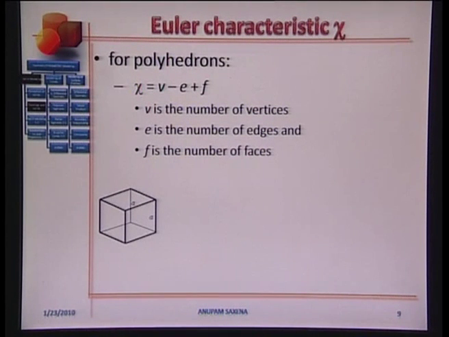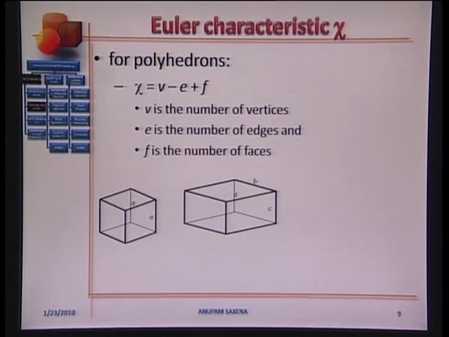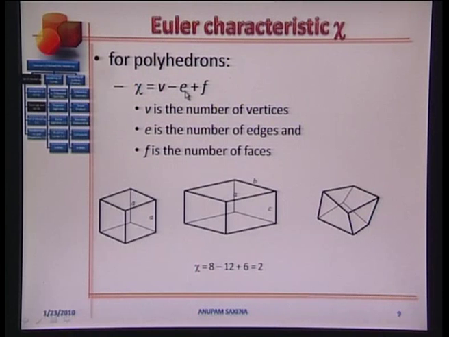Let's consider an example of a cube, a block, and a distorted block. We have seen earlier that each of these solids can be homeomorphically transformed into any other via bending, stretching, etc. We all know that these blocks would have 8 vertices, 12 edges, and 6 faces.